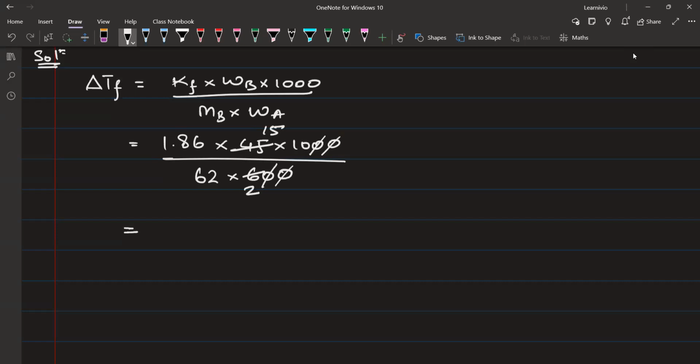1.86. If I it's not going to help. So I think I will multiply 1.86 into 15, and I can at least do this. So 186 will be how much? 18 is 93. Correct, guys?